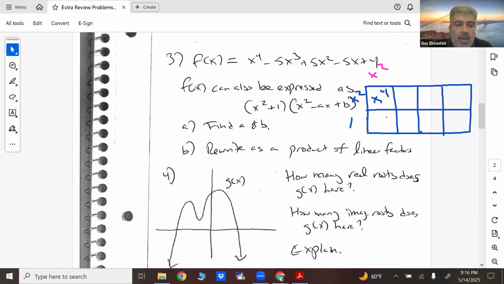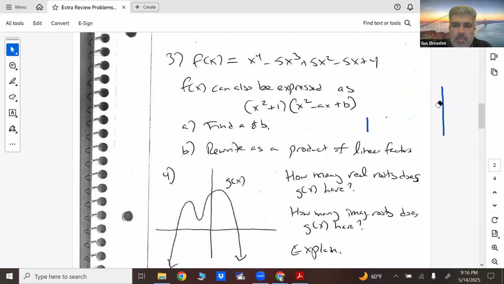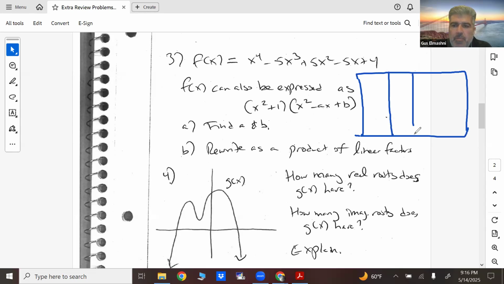Oh, I kind of goofed. You have x squared plus 1. This is definitely more challenging because I'm not going to do something like this on a test. But I just want to do it anyway, just for the sake of showing how the division works. So x squared, 0x, and 1.